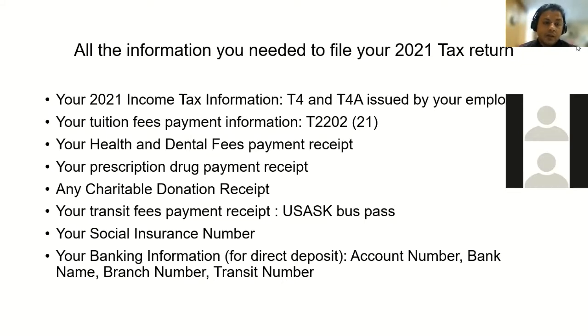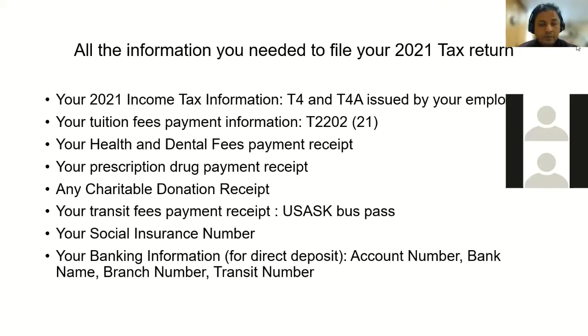First of all, as you know, every person living in Canada can submit a tax return. It doesn't matter whether you have income or zero income.